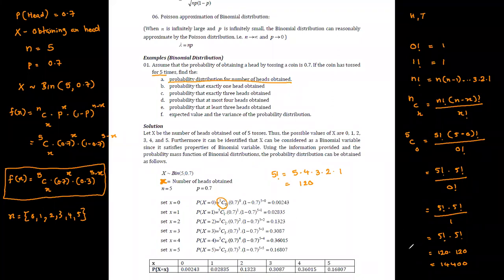But using a scientific calculator you can easily obtain this value.